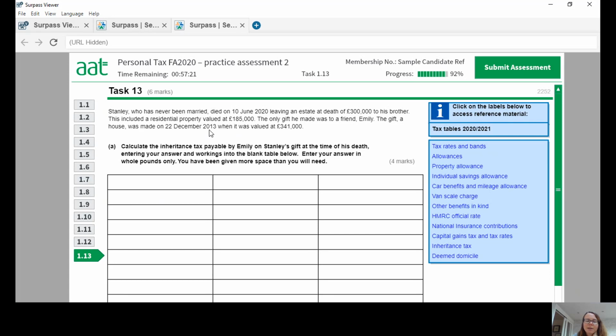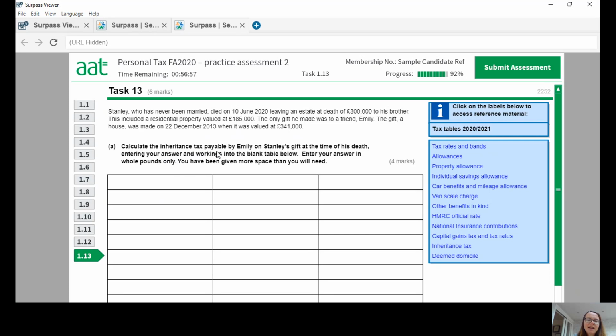Has he survived it by 7 years? December 13, 14, 15, 16, 17, 18, 19. Oh my goodness, he's missed out by just over 6 months, and it would have all been exempt. But don't forget, we've got taper relief, so he's done between 6 and 7 years. So Emily has done all right there.